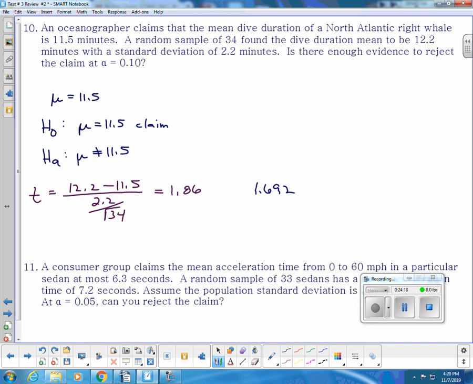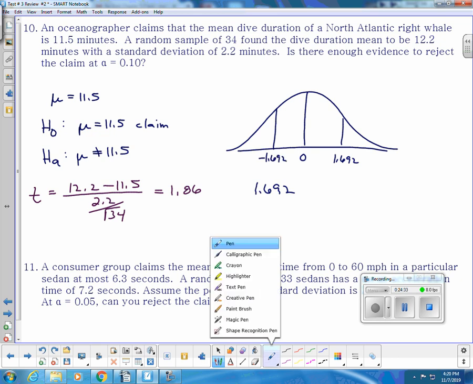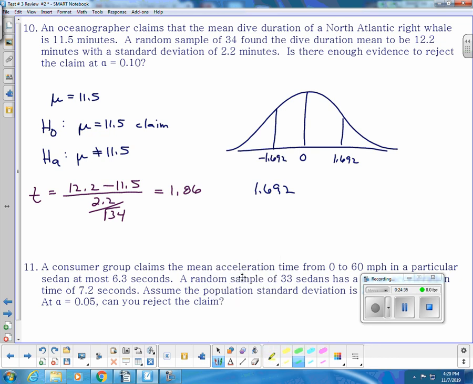Okay, so again, here we go with my picture. My critical value is 1.692. By the way, it's also negative 1.692. And our rejection regions are here, both sides. Our t-score is 1.86, which is right here.